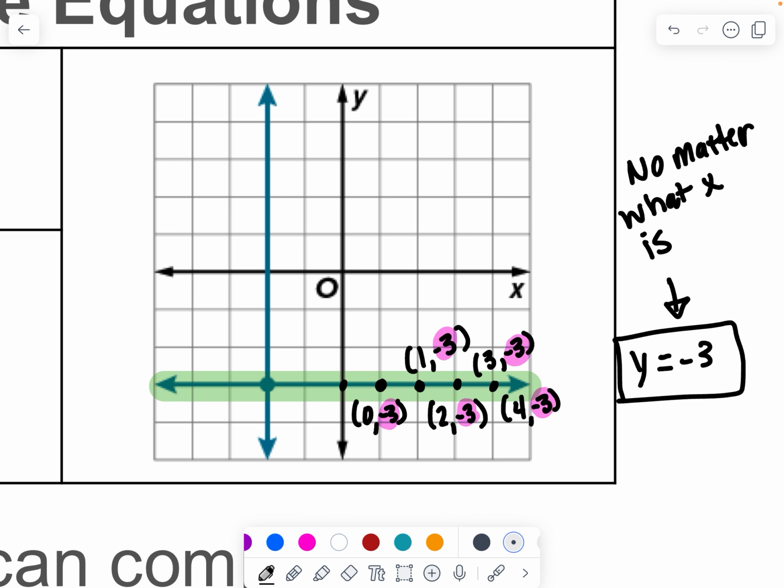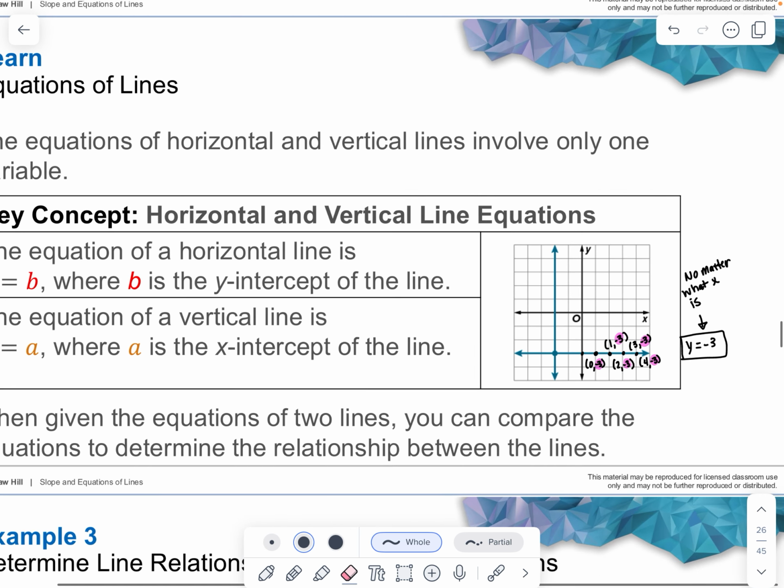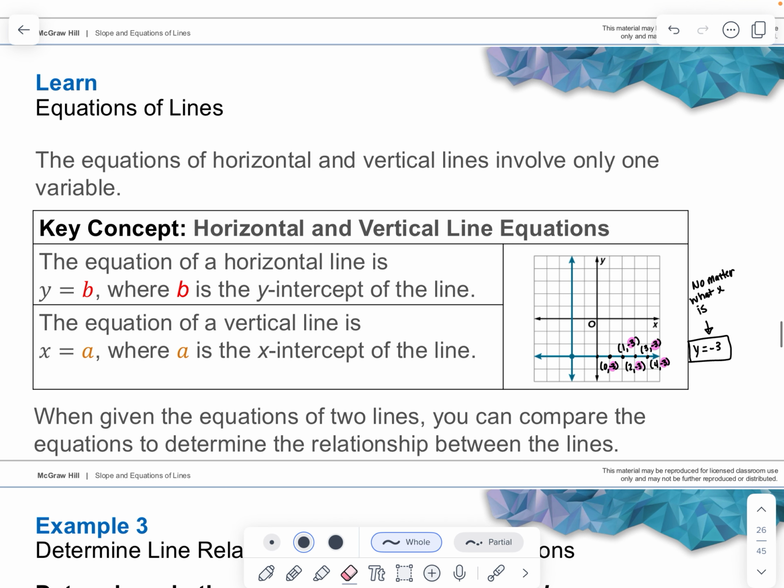So I bet that makes it pretty easy to understand why for all vertical lines, the equation is x equals the x-intercept. So this one would be x equals negative 2, because that's its intercept.